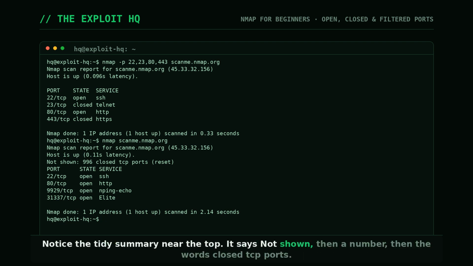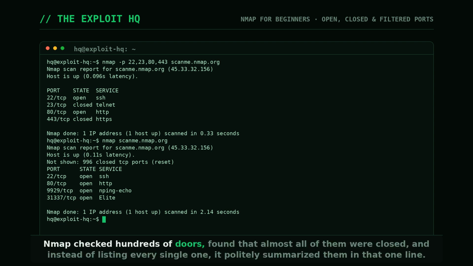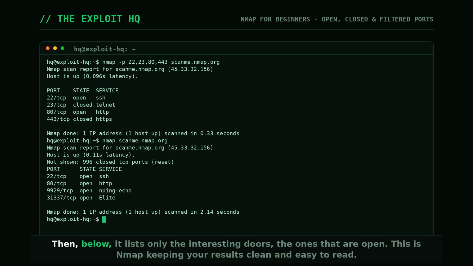It says not shown, then a number, then the words closed TCP ports. Nmap checked hundreds of doors, found that almost all of them were closed, and instead of listing every single one, it politely summarized them in that one line. Then below, it lists only the interesting doors, the ones that are open. This is Nmap keeping your results clean and easy to read.